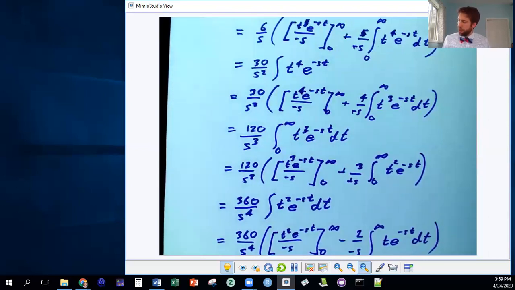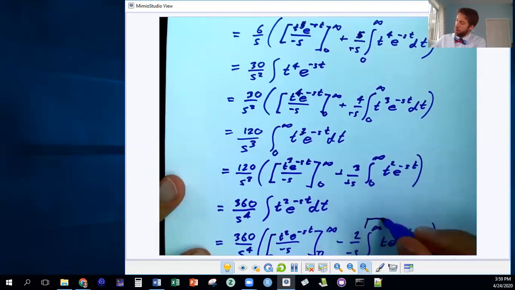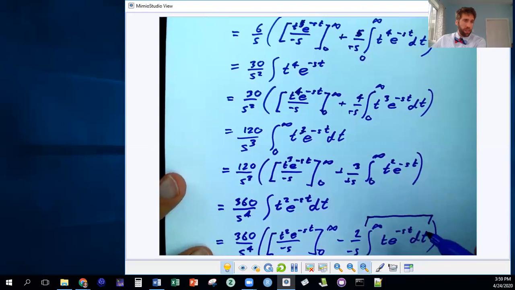Okay, so that means that this term right here, not including the scalar, is 1 over s squared, because that's already been done.